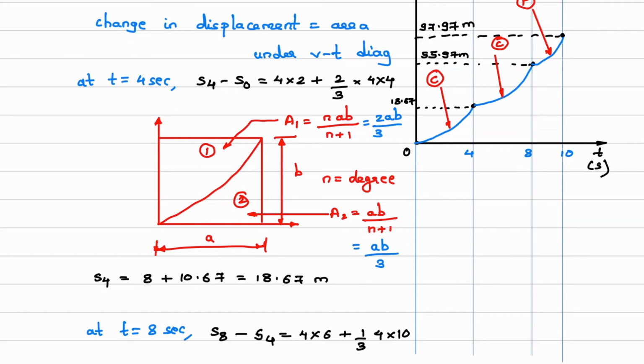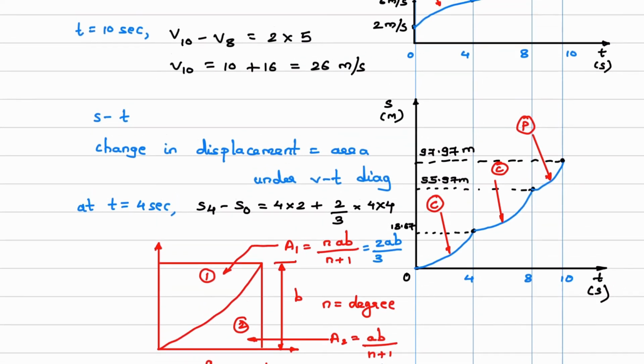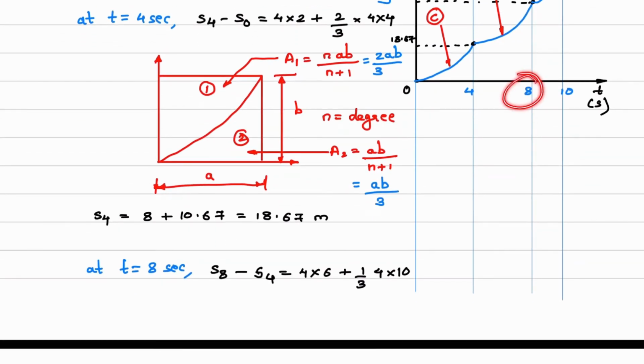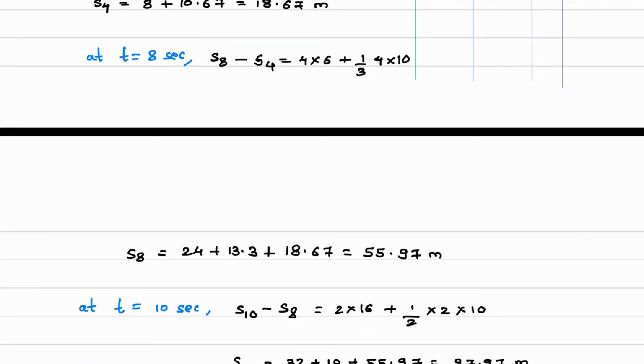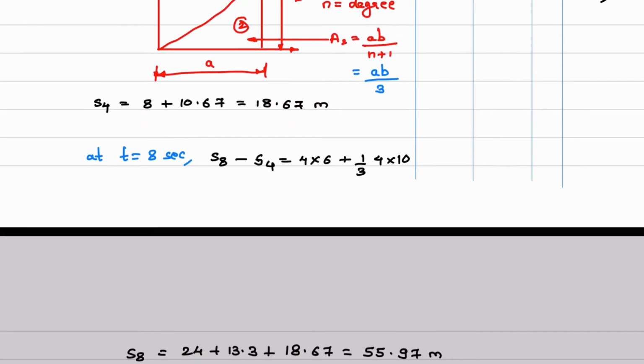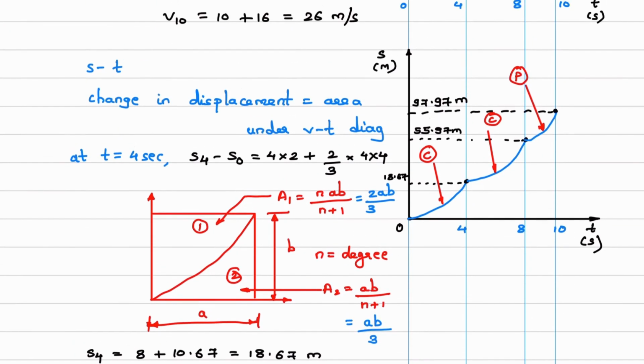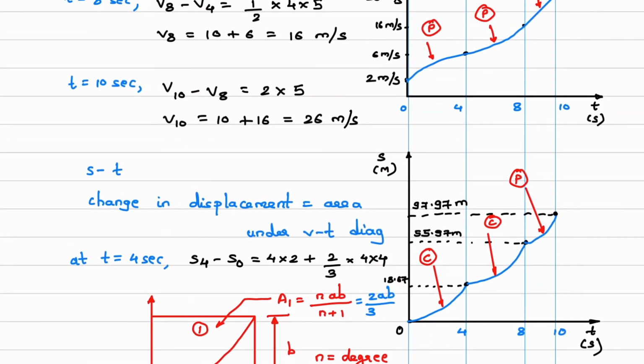Okay, now what is the equation we have written? It will be S4 minus S0 first, then S8 minus S4, and the third one is S10 minus S8. Then after that we have to write down the areas. What area did we take for this one?